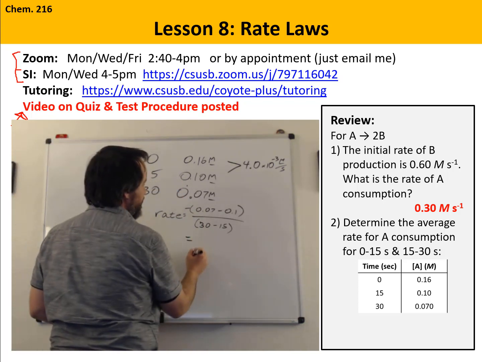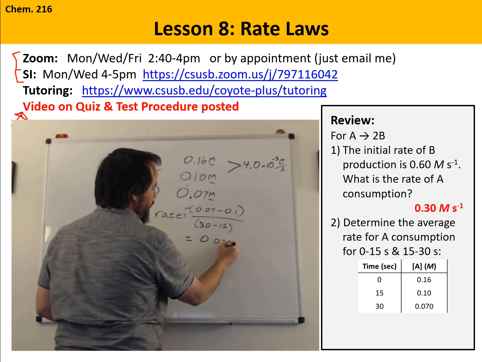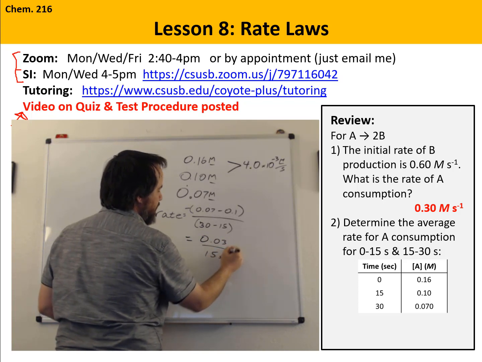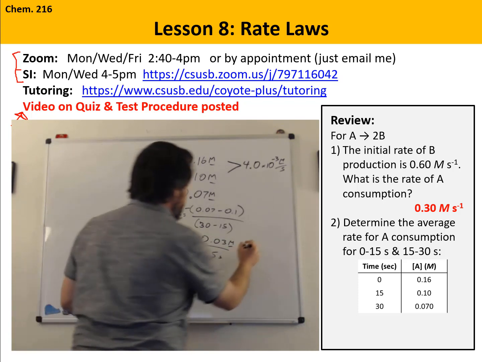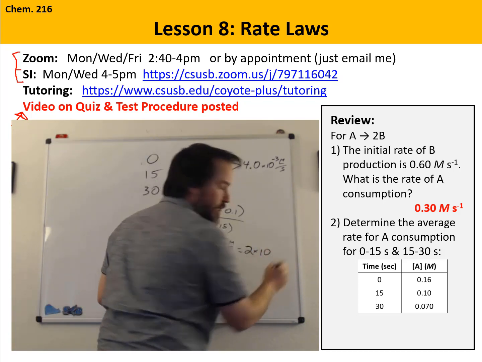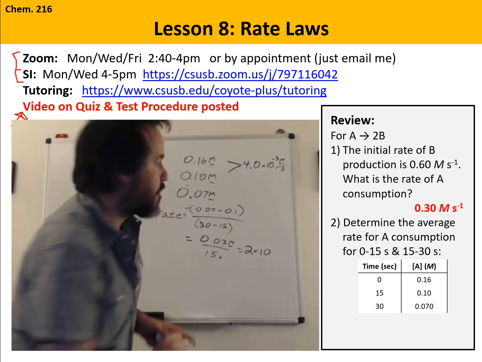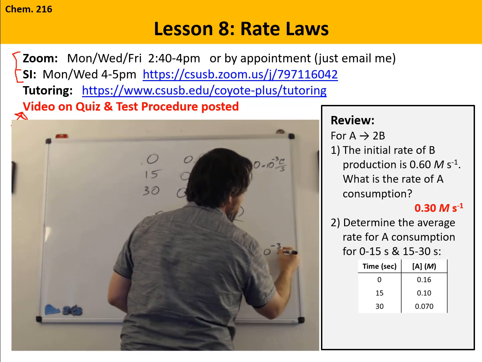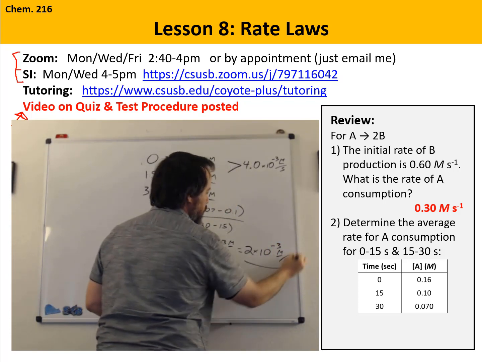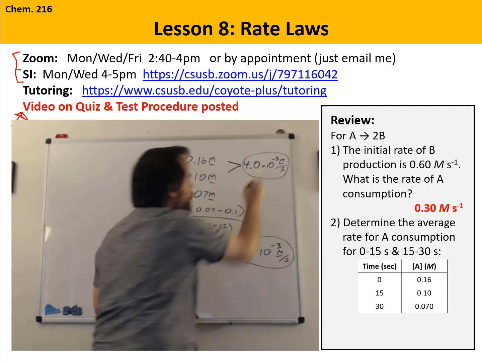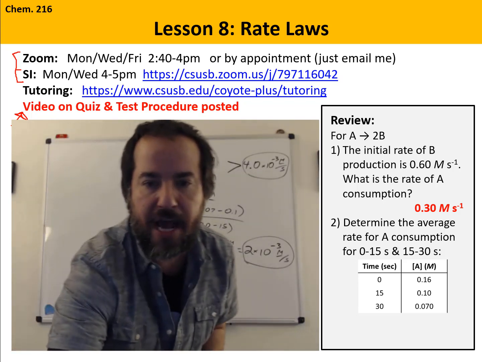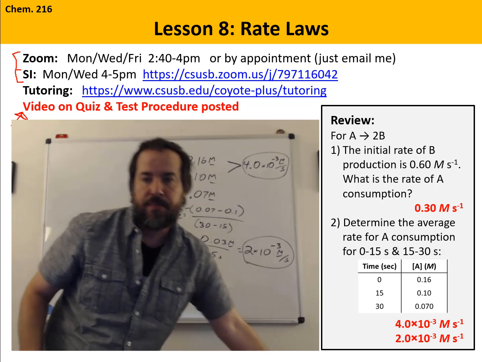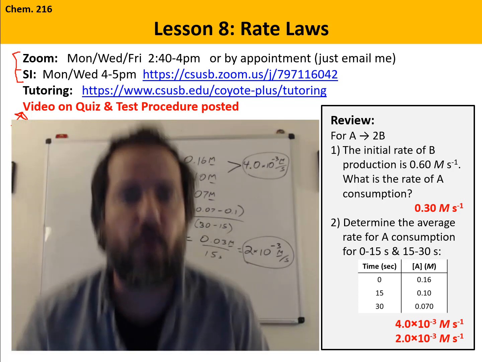This gives me 0.03 over 15 seconds, which is 2 times 10 to the minus 3 molar per second. So notice that my rate's changing. Rates aren't constant when we have reactions. Sometimes they change. Let's look at this in more detail in the next section.